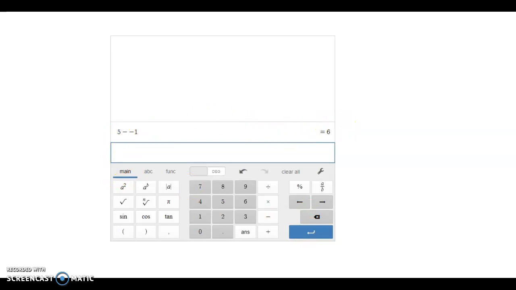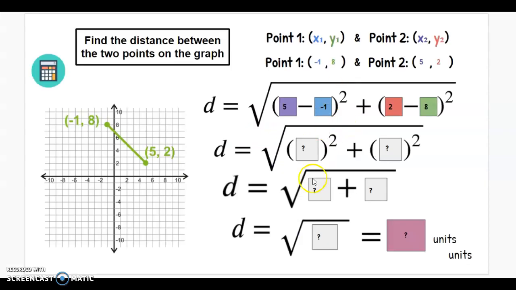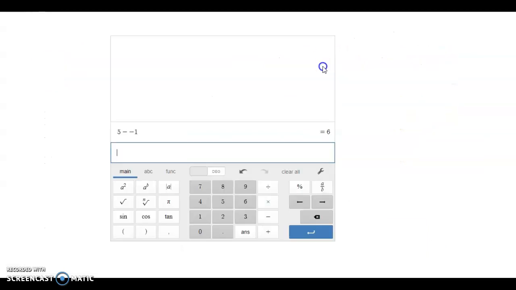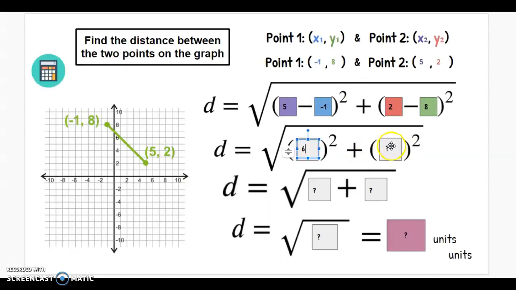If you don't get this answer, we're in big trouble. So we got 6. The next one is 2 minus 8. Notice this is negative. That is very important. Okay? So then we have negative 6.